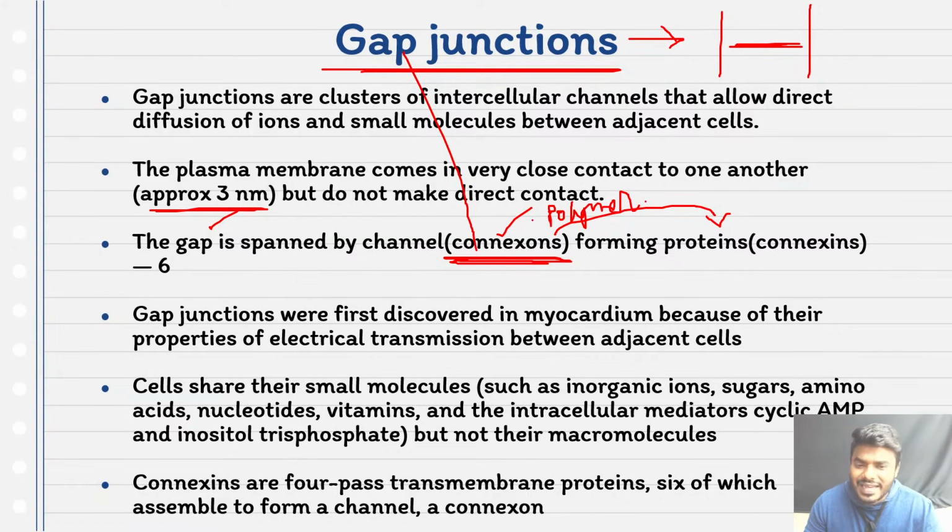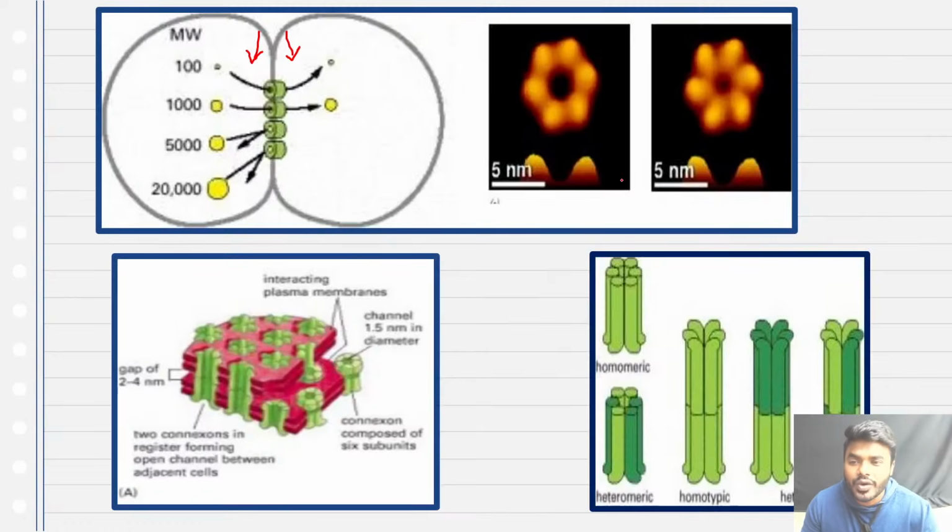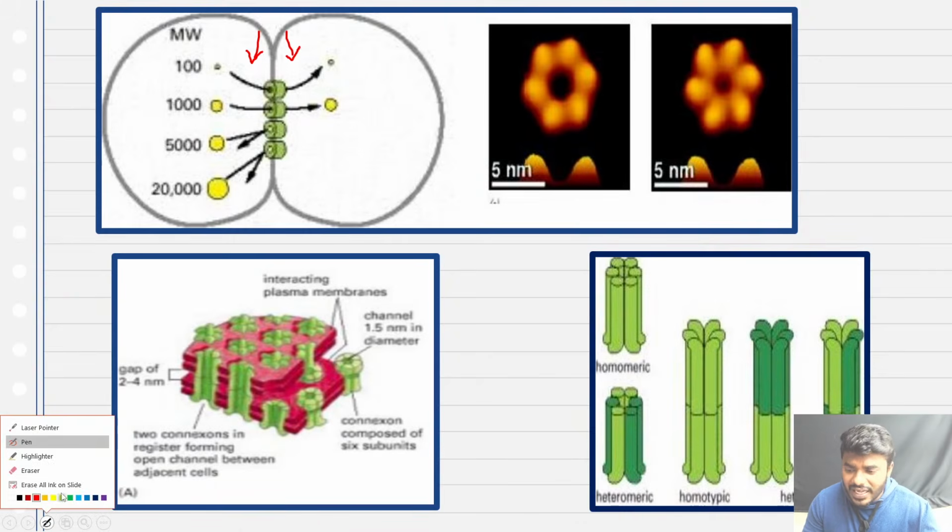How will a connexon be formed? A connexon will be formed by 6 connexin molecules. Kindly do not get confused with this. 6 connexin molecules come close together and they form one connexon molecule. Look into the diagram very carefully, everyone.